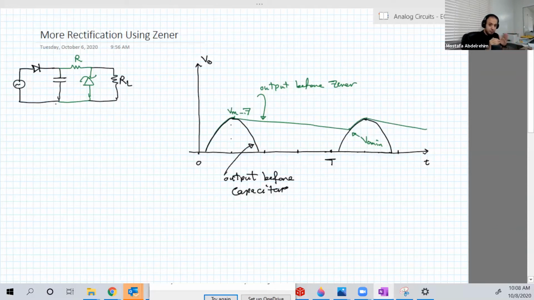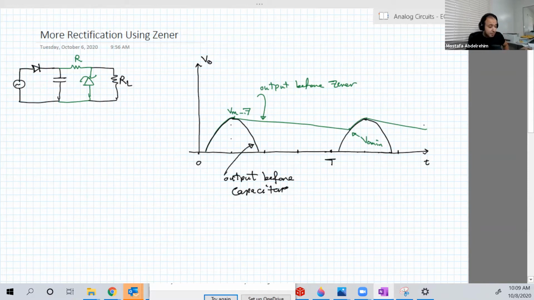We have the half-wave rectifier with just a load and a diode, and the output will be this black signal, passing half of the wave, rejecting the other negative half. Then we added the capacitor, and the output becomes this green signal, and we have the ripples.